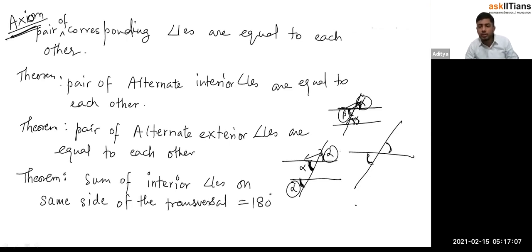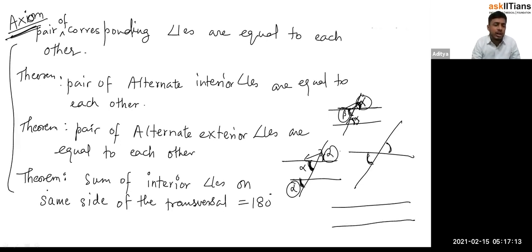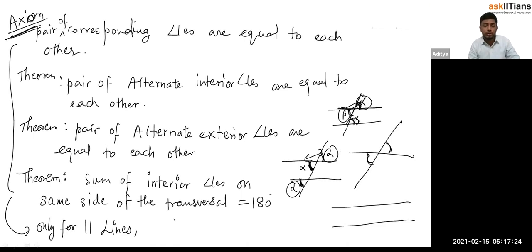This is also very easy to prove. Let's say we have two parallel lines. Okay, so all these theorems and axioms hold only for parallel lines. As well as their converse is also true.